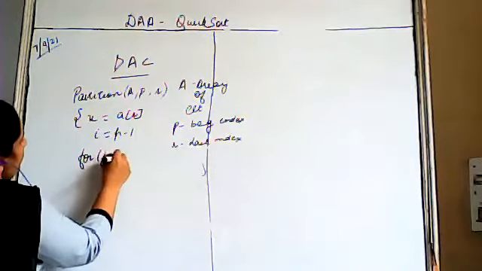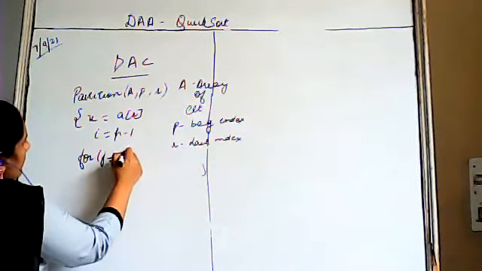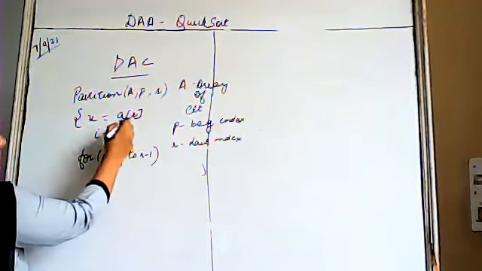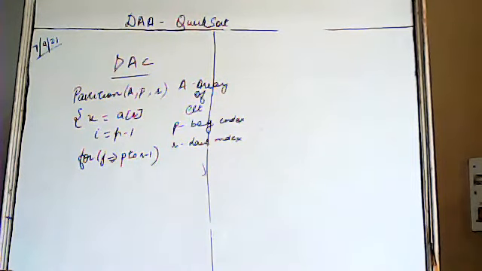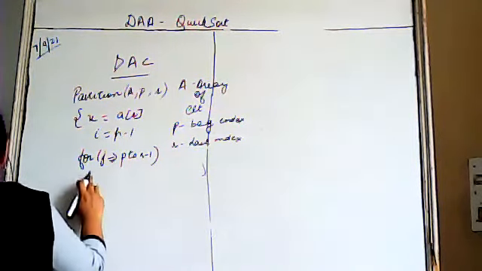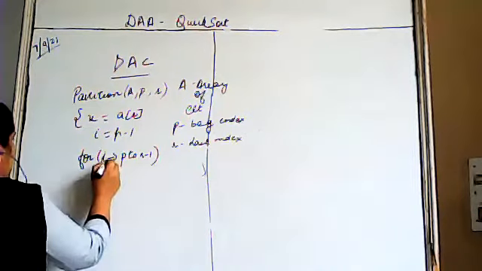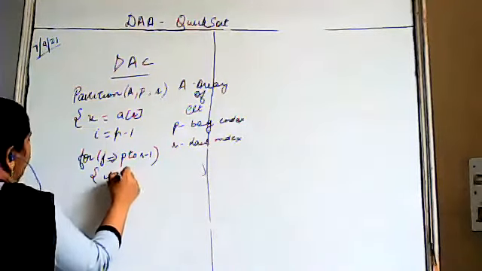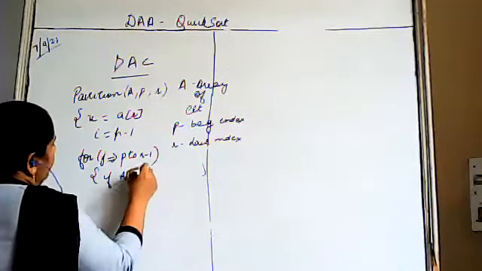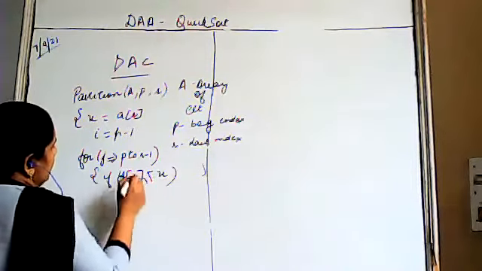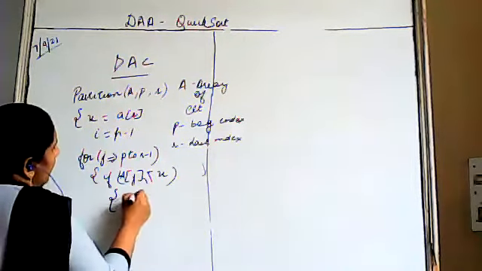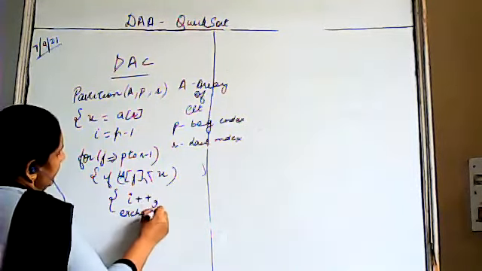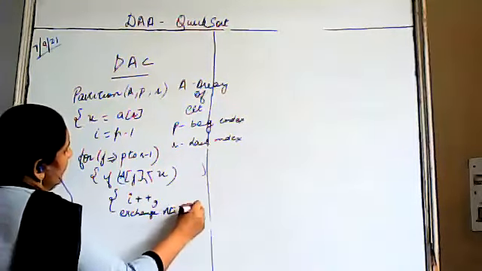For J is equal to P to R minus 1, since we have stored A of R in X. For this, if A of J is less than or equal to X, then what we have to do? I plus plus, increment I by 1, and exchange A of I with A of J.